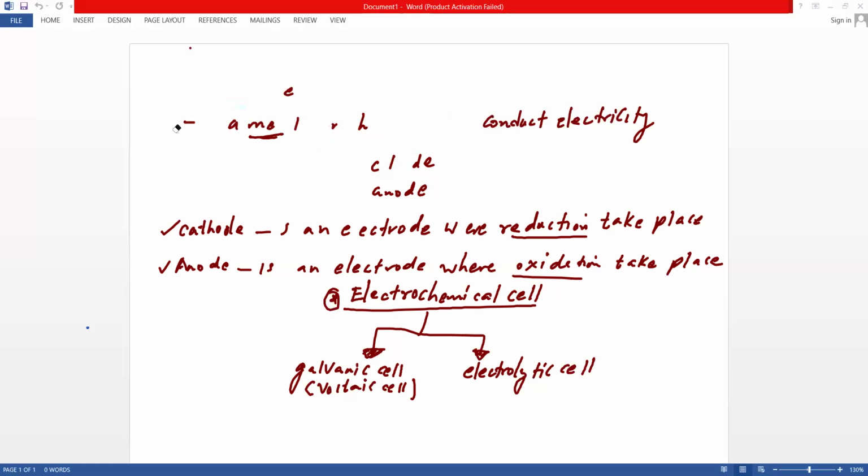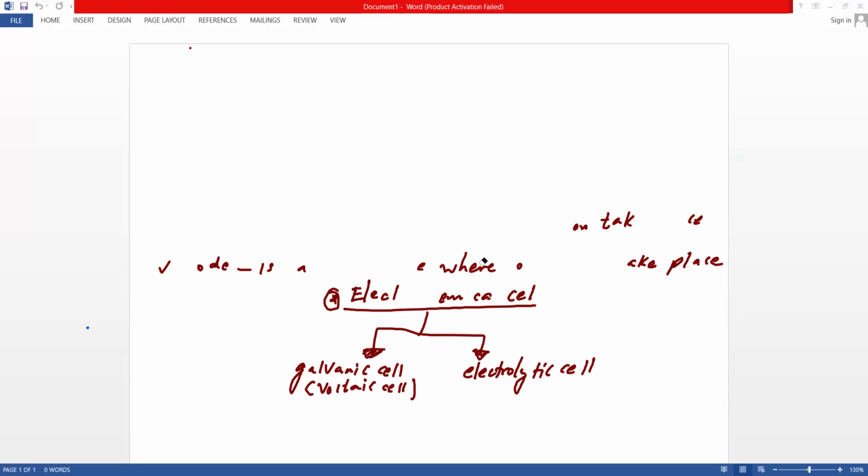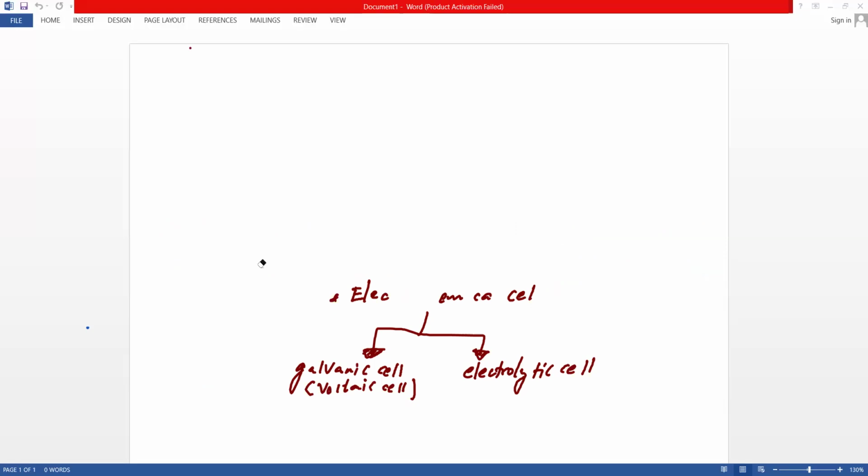For now I'll speak about the differences in terms of energy conversion; the structures will be addressed later.